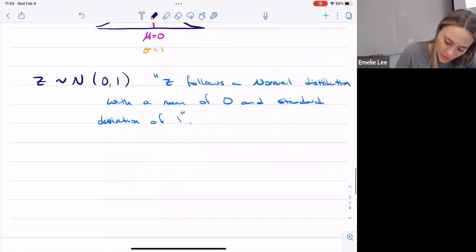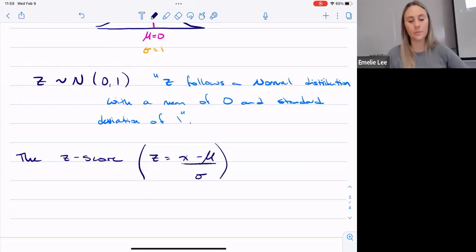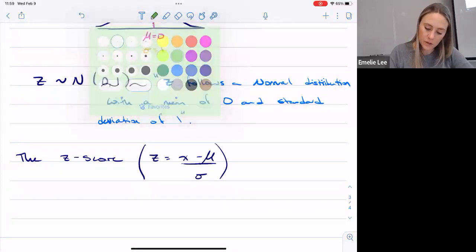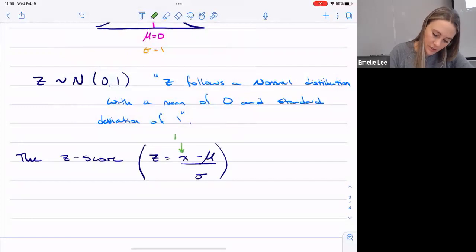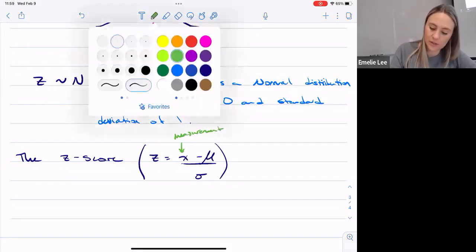So the Z score, which as a reminder, Z is X minus mu over sigma, right? Where X is the measurement. And I'm not going to define mu and sigma. I think we're all on board.